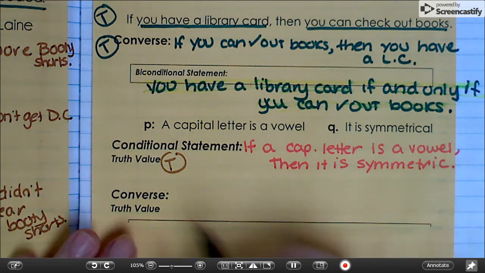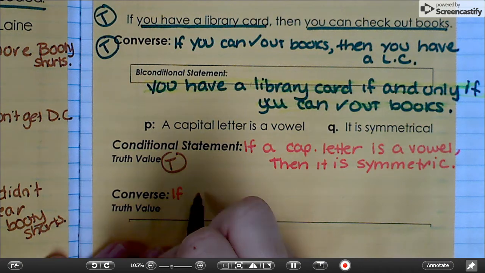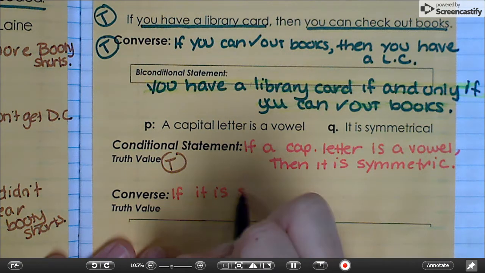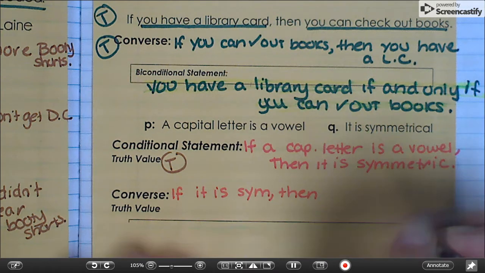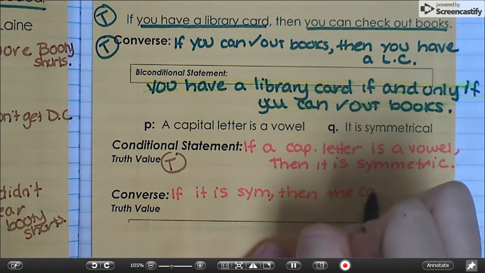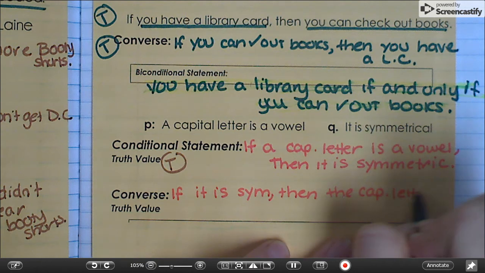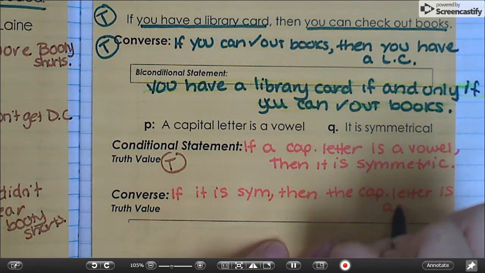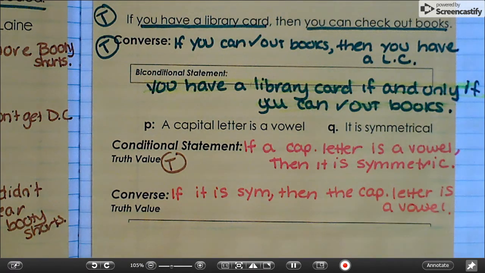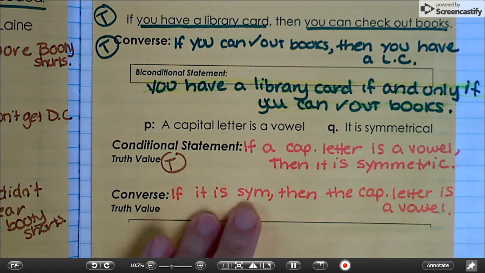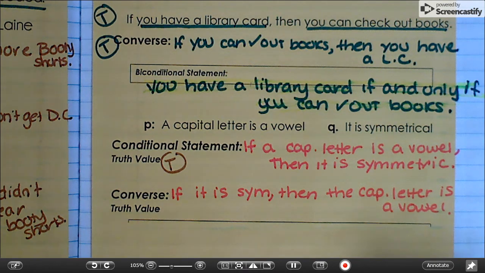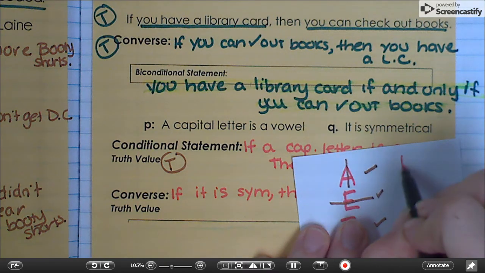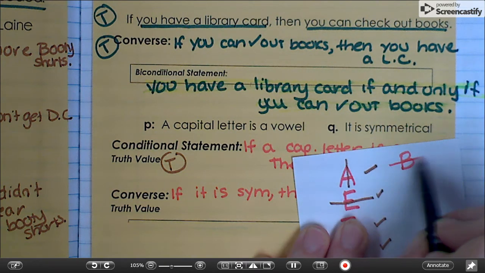The converse of that, if it is symmetric, then the capital letter is a vowel. So this would mean that if it is symmetric, it has to be a vowel. Well, let's look at the alphabet. We already know A, B, O. Right there we have our counter example.